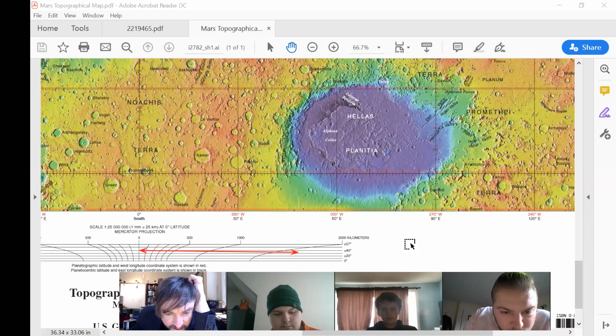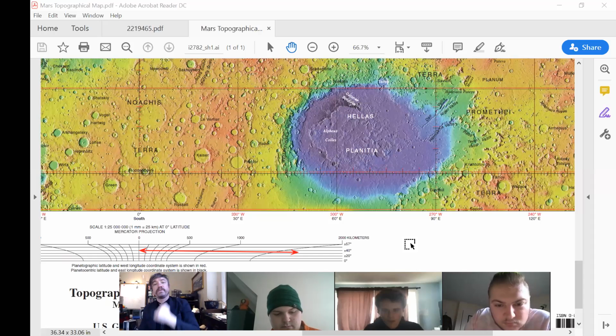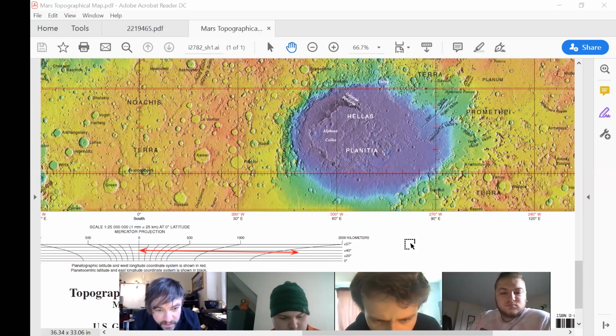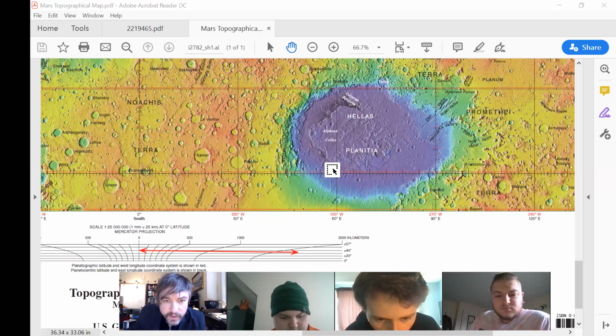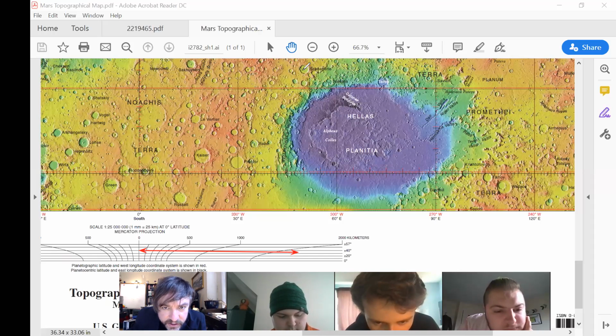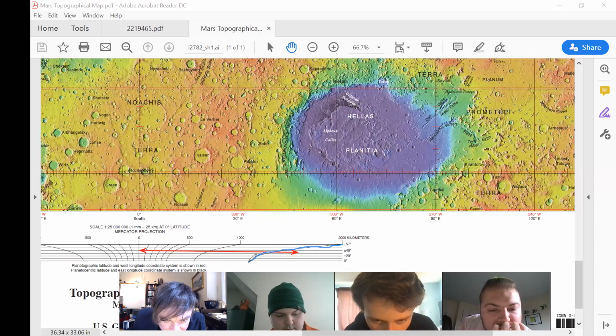Roughly, according to this, how many kilometers across is the Hellas Planitia? About 1,500. No, look, you have to learn how to read this Mercator projection. The Mercator projection is 2,000 kilometers, but that line bends depending on what latitude you're at. So try again.